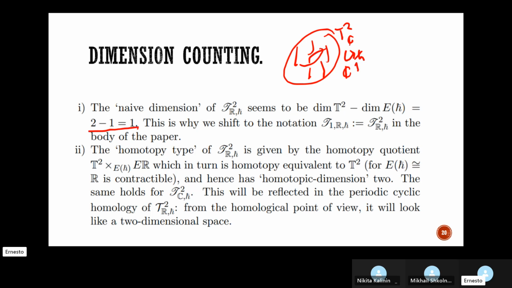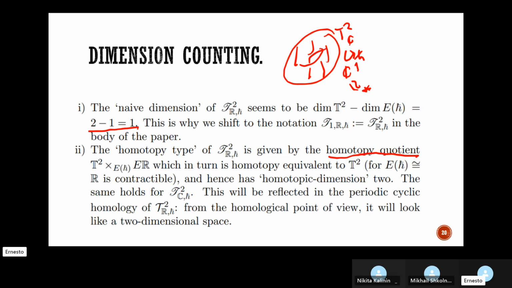But this is not the correct dimension count because C1 is contractible. So if I take the homotopy quotient that counts the correct stacky dimension, so what is the homotopy quotient?